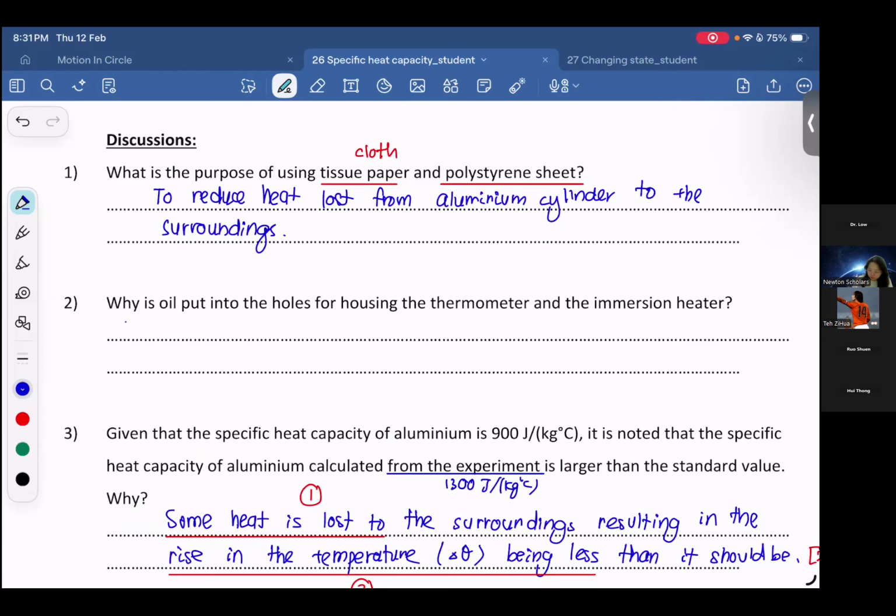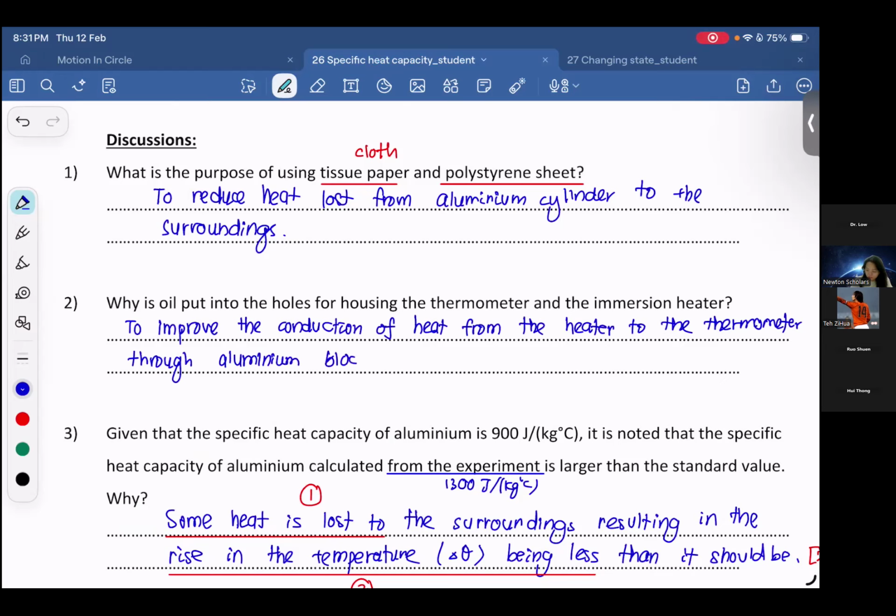It is here to improve the conduction of heat from the heater to the thermometer through the aluminium block. Short form, to have a better conduction.